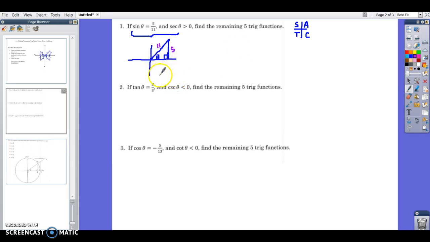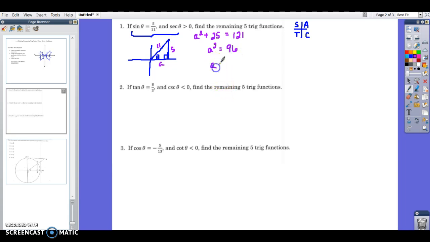I can do that simply by using the Pythagorean theorem. If I call that a, I have a squared plus b squared, or 5 squared, which is 25, equal to 11 squared, which is 121. So a squared is equal to 96.